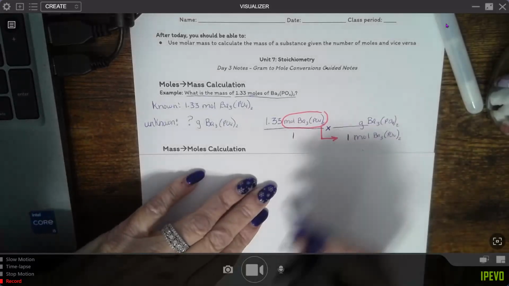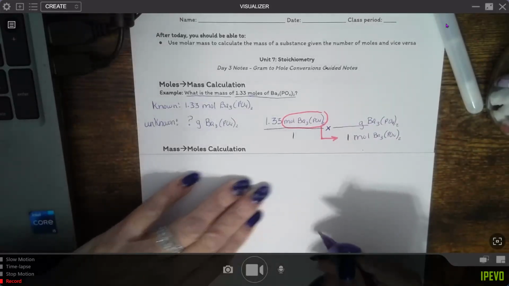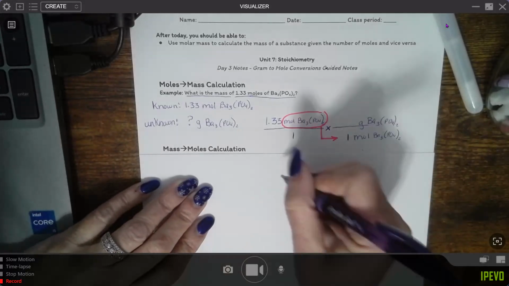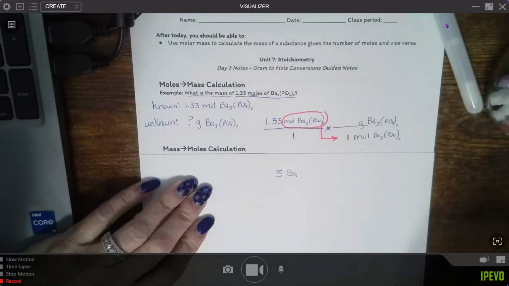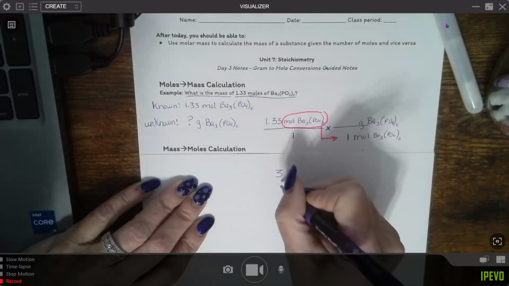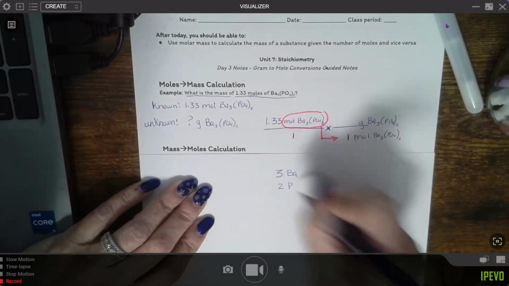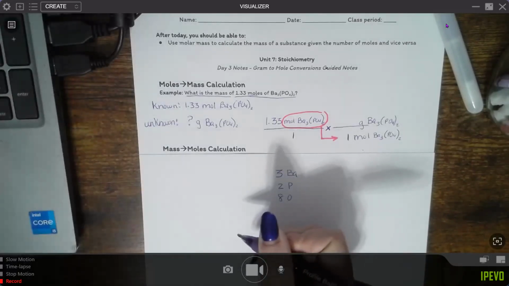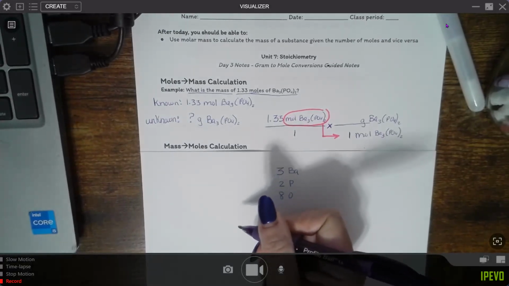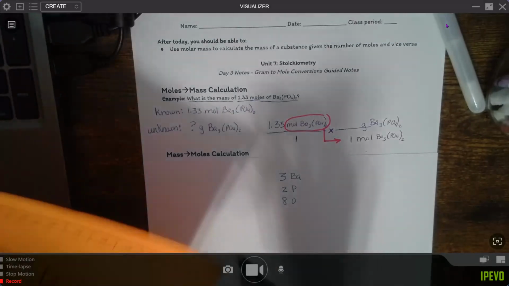I need to know the molar mass of barium phosphate, so I've got to count up my atoms. I've got 3 barium, 2 phosphorus, and 8 oxygen. Now I need my periodic table.